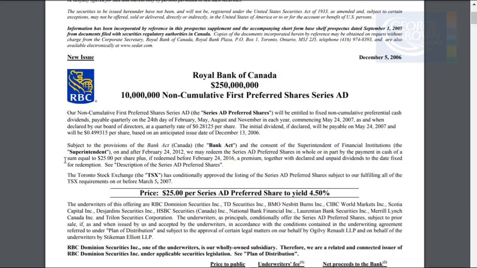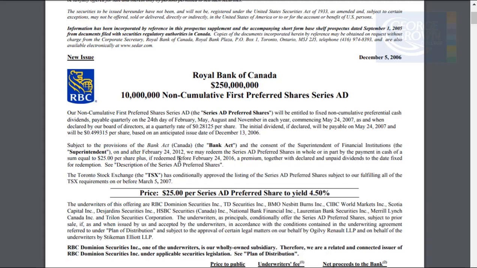So again, if we go back to the prospectus, we can see here in this paragraph, subject to the provision of the Bank Act in Canada and the consent of the Superintendent of Financial Institutions, on or after February 24, 2012, you can see that these were being issued in 2006.